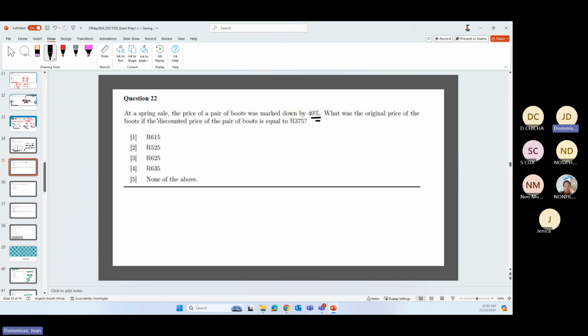So at a spring sale, the price of a pair of boots was marked down by 40%. What was the original price of the boots if the discounted price of a pair of boots is equal to 375? Okay, so it was marked down by 40%.